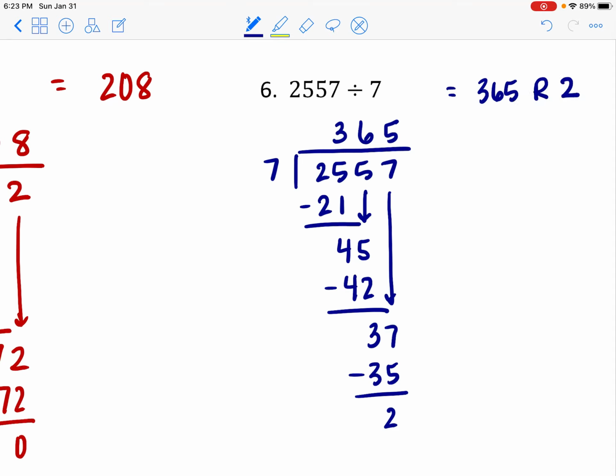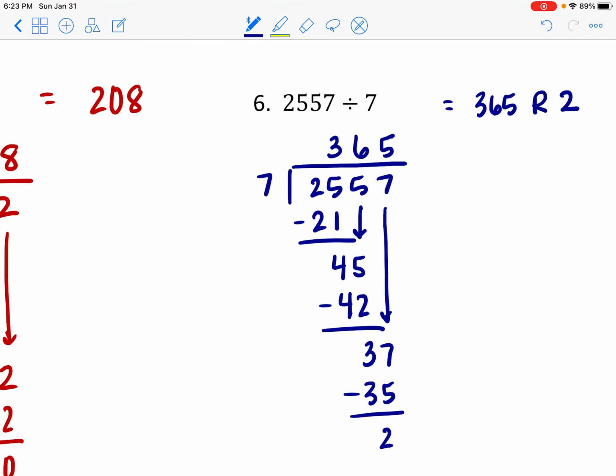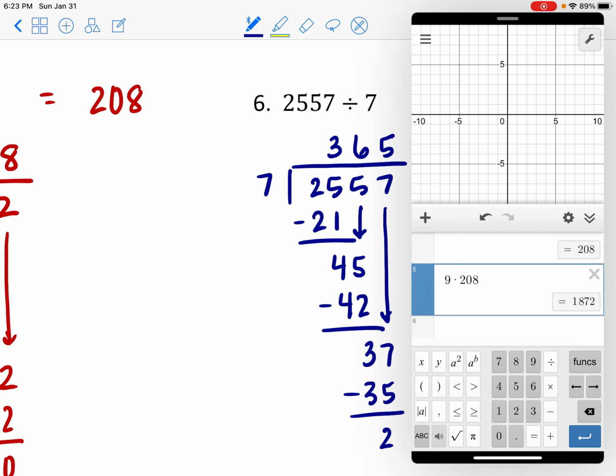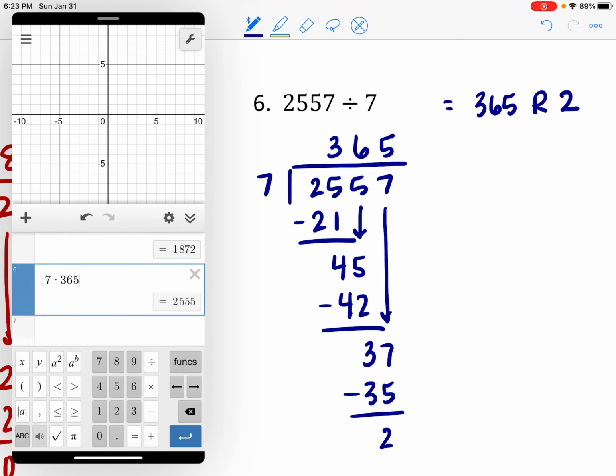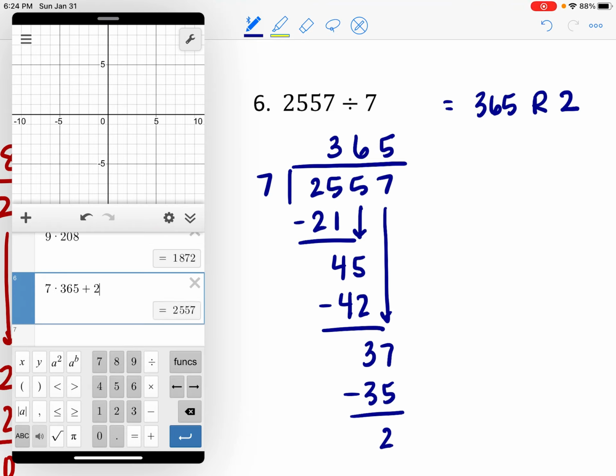Now that's a kind of simplistic way to write this. Later on when we start learning more about fractions, I'll show you a more appropriate way to write the remainder, but for now it's a remainder of 2. So if we wanted to use multiplication to check this one, if I took 7 and multiplied it by 365, it's not going to take me back to 2,557, but if I add back in that remainder of 2, then it does.